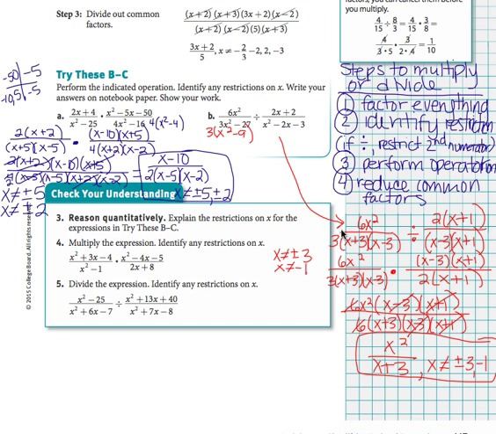So if you can do the division problems, you should be able to do the multiplication and the simplifying problems. So I want you to go ahead and give this one a try on your own to make sure that you know what you're doing. So pause the video. Go ahead and try working all 4 of these steps with this, and then unpause it to come back and see my solution to check your work.